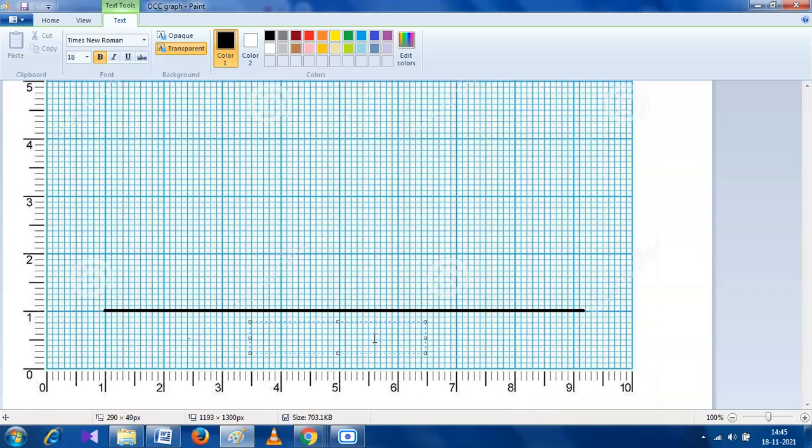What should be the parameter on the x-axis to plot the OCC?